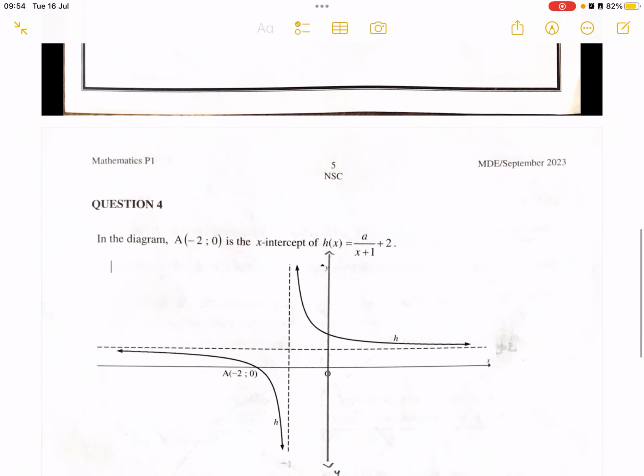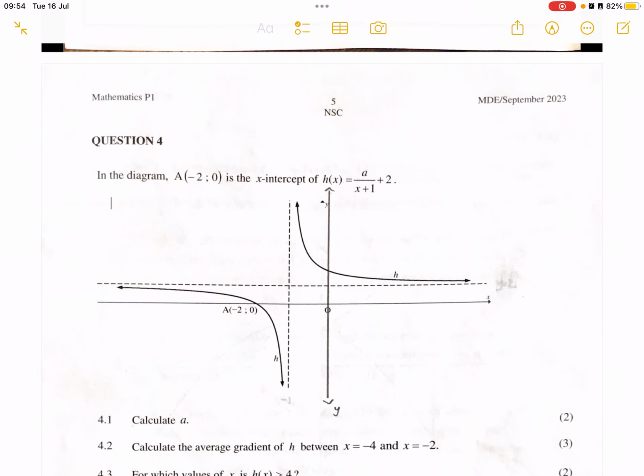This is Mpumalanga, and today I'll be looking at the mathematics paper 1 from last year's September trial exam for grade 12s. And today's question is question 4, which is functions. One of the topics that is mostly not performed well.